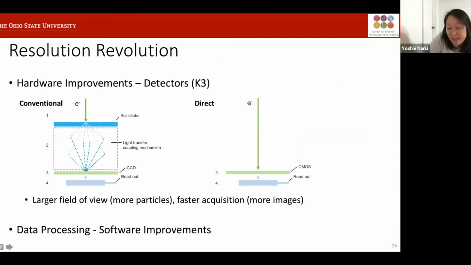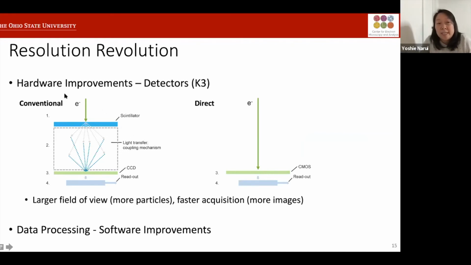I want to make sure I leave enough time to talk about the interesting cryo-EM results that have come out about SARS-CoV-2. So I just wanted to emphasize again two of the reasons why this resolution revolution happened. One, data processing improvements, right? All the software and algorithms that have been improving over time.